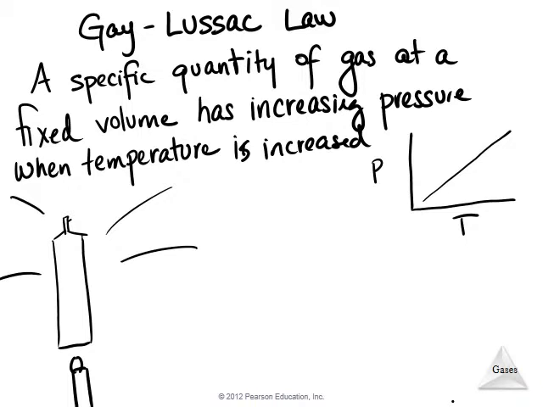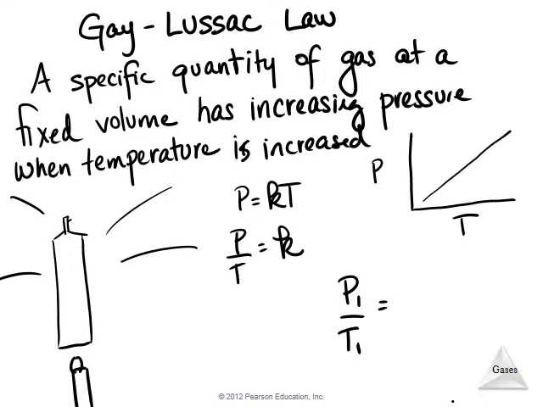We're going to get that P is equal to some constant K times T. Okay, K is going to be our slope again, or we're going to get P over T is equal to K. And then the equation that we're going to use for Gay-Lussac's law is P1 over T1 is equal to P2 over T2. Okay, and there's Gay-Lussac.